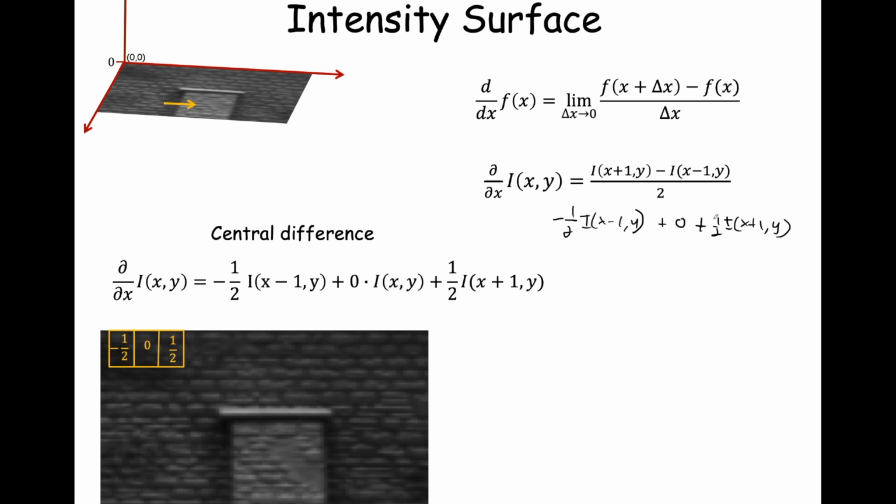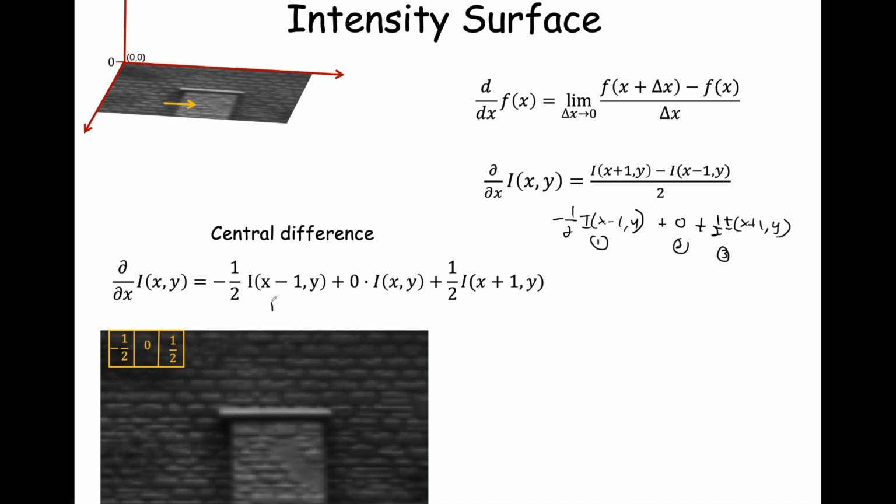If we take this function and decompose each of the terms, we have our minus 1/2 intensity function at the point on the left of x for the scan line in the x direction. That's this term. So let's label this first term, second term, third term.